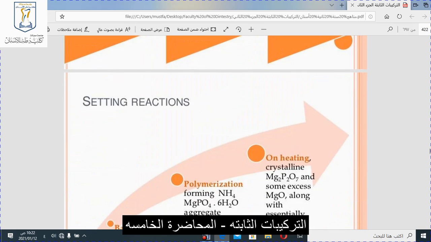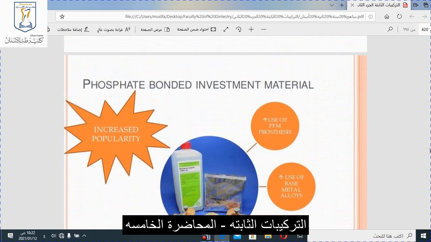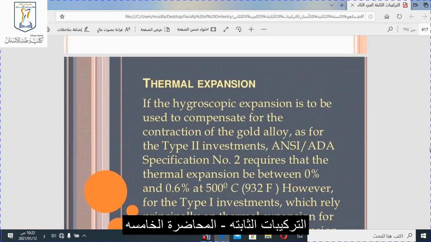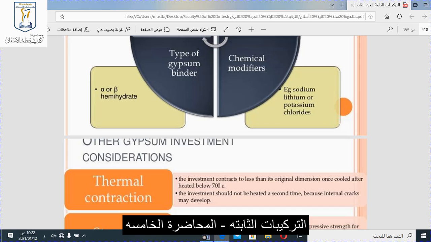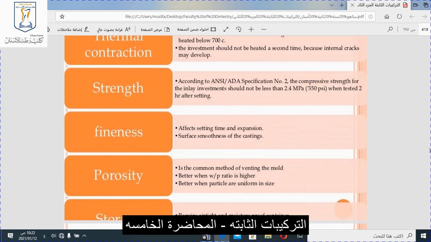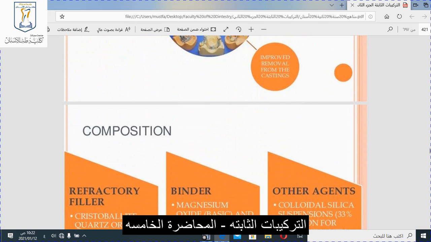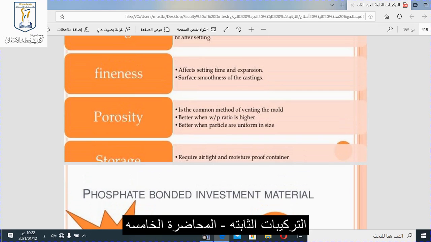And for the mixing of the investment, in the case of gypsum bonded investment, the liquid will be water. In the case of phosphate bonded investment, the liquid will be either water or silica gel. In the case of water, during setting the water evaporates.